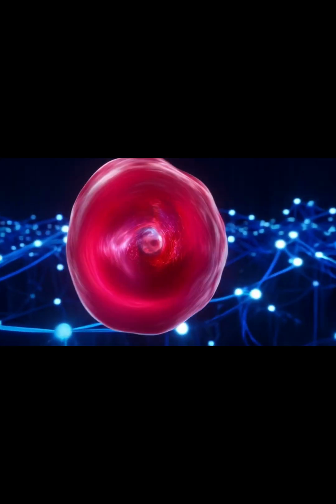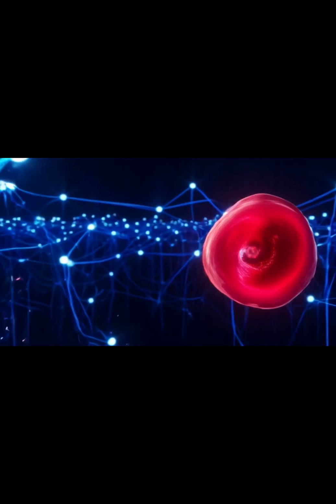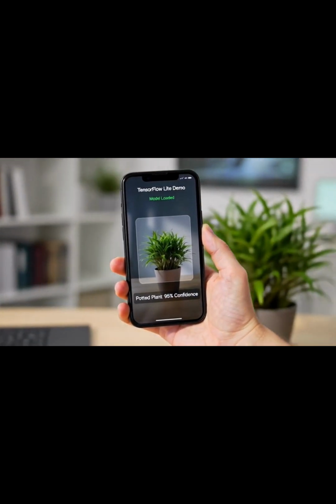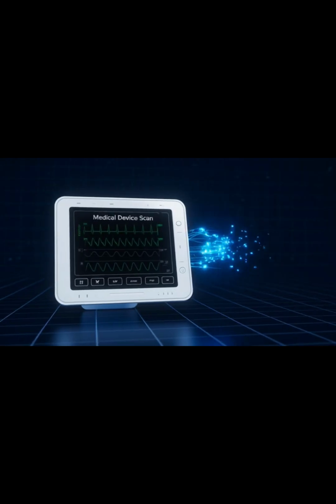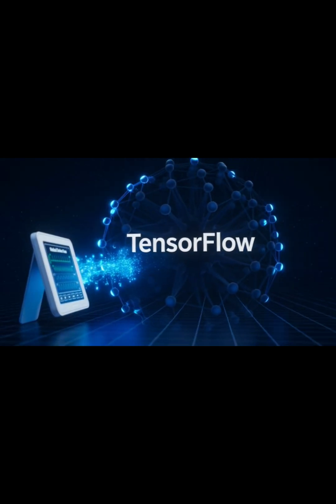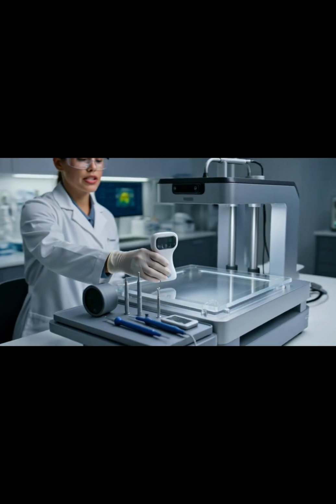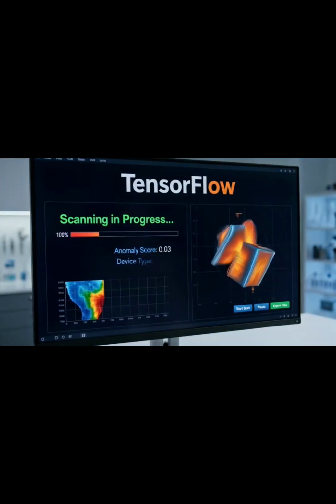In 2026, it's still one of the top choices for production-grade healthcare AI due to its strong support for deployment: TensorFlow Serving, TensorFlow Lite for edge devices like phones or portable scanners, explainability tools like Grad-CAM for highlighting disease regions, and integration with medical datasets.